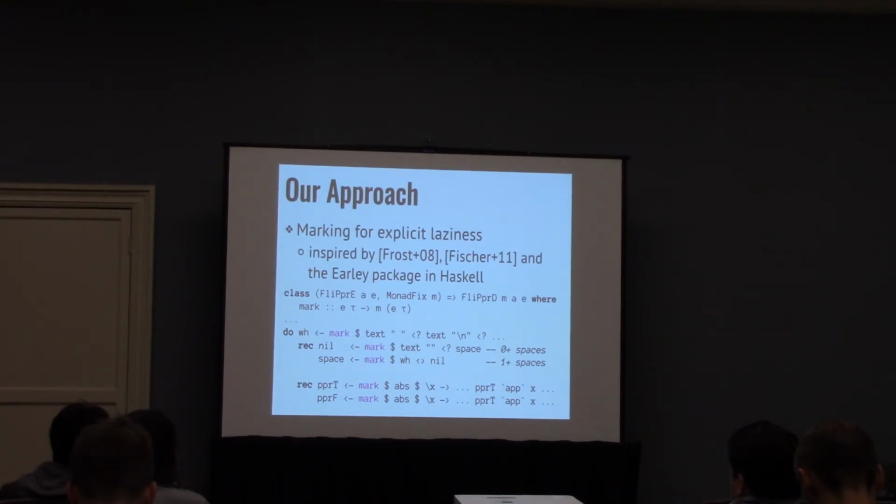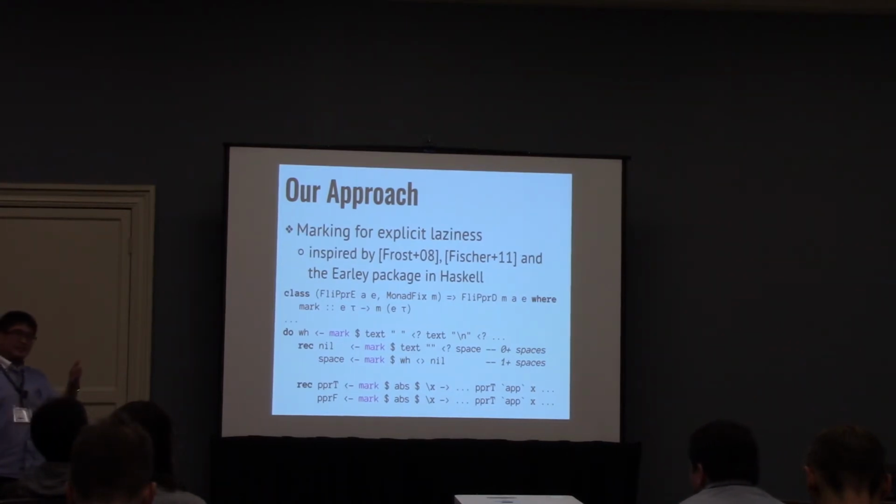Thanks to this mark method, we can define recursive functions by using recursive do notation like this. One can think of this mark as something similar to lazy in OCaml, so this is explicit laziness.